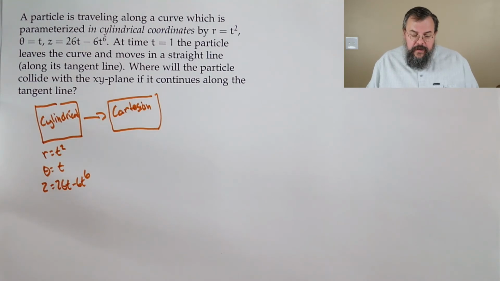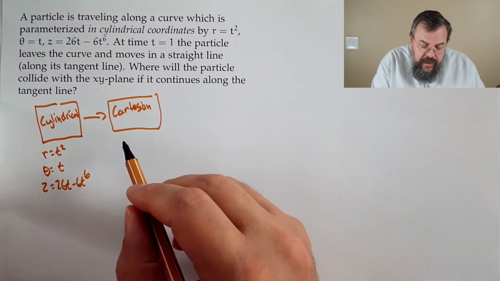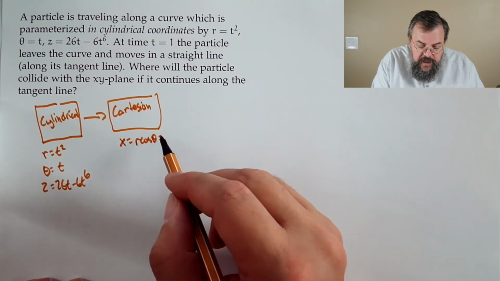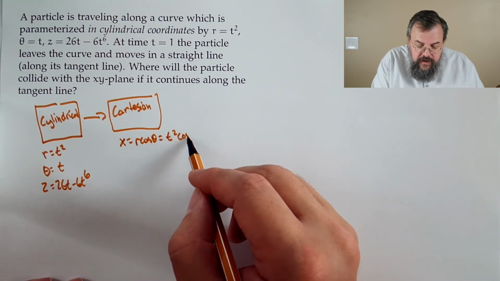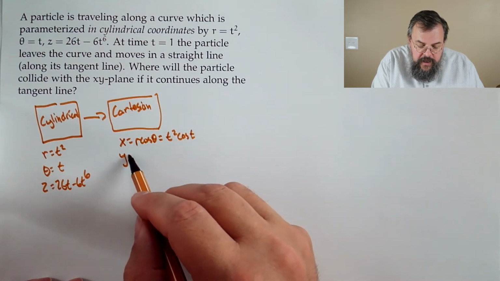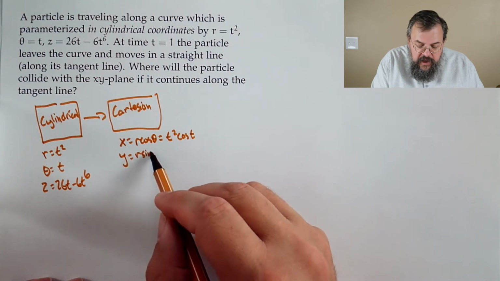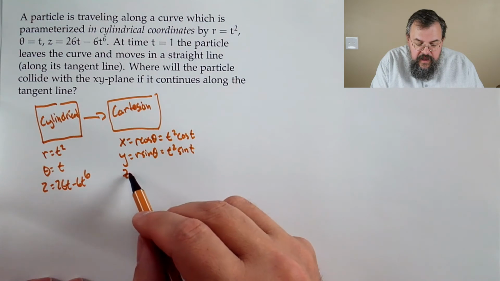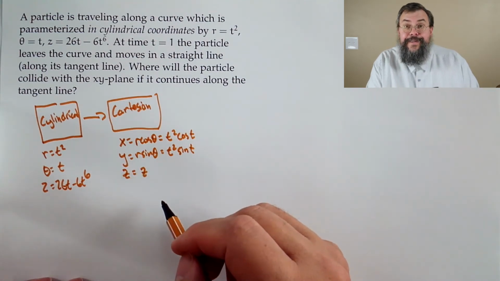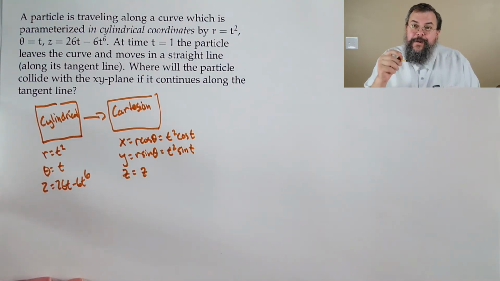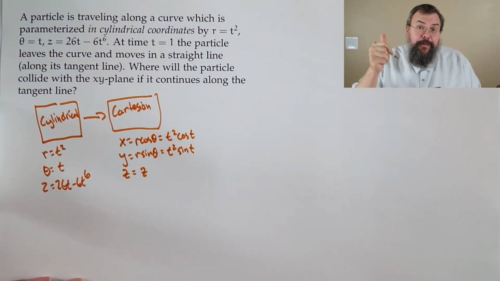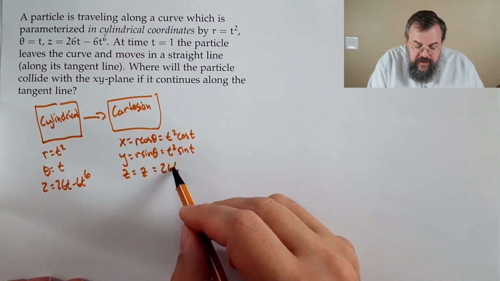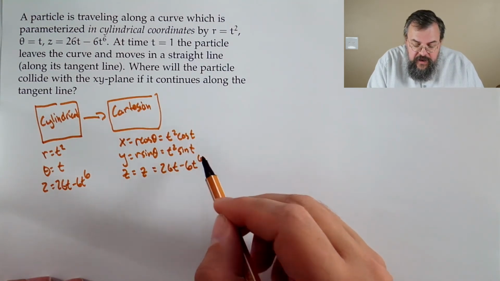What do we get? x equals r cosine theta, which becomes t squared cosine t. y equals r sine theta, which becomes t squared sine t, and z equals z. It's nice when you're switching coordinate systems that this one just stays as it was. So that's 26t minus 6t to the 6th power.